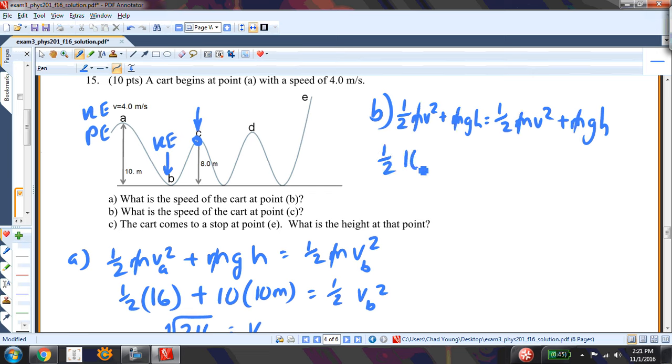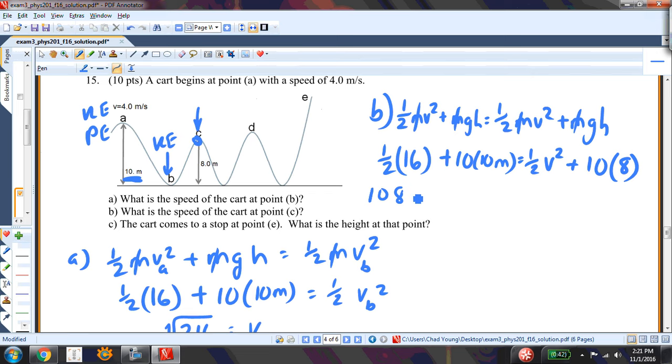1/2 of 4 squared, that's 16, plus 10 times 10 meters, that's this height, equals 1/2 of v squared plus 10, that's g, times h, which is 8. And that's 108 minus 80 times 2, square root of that equals v.